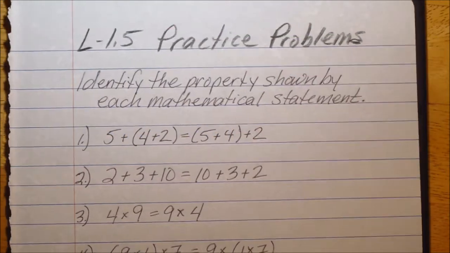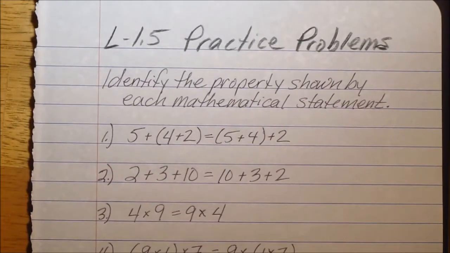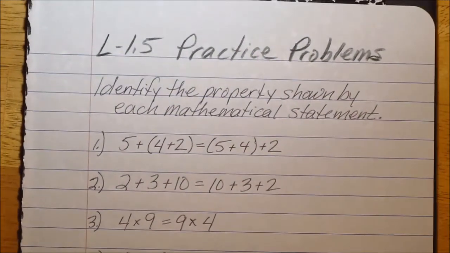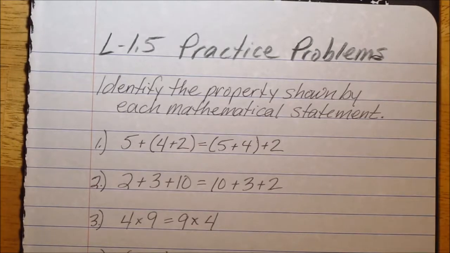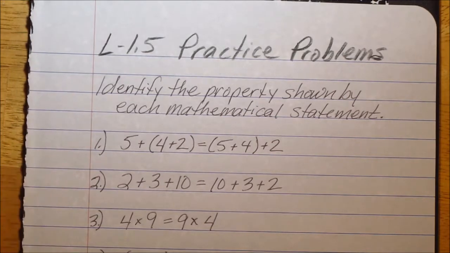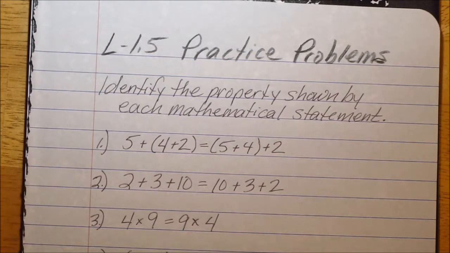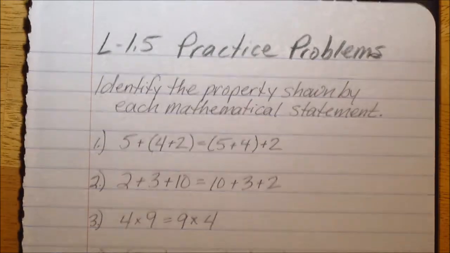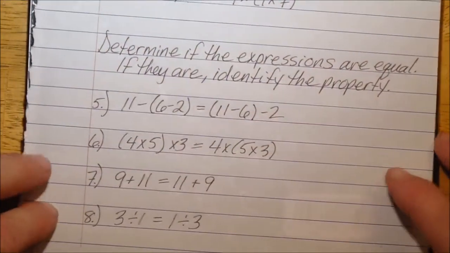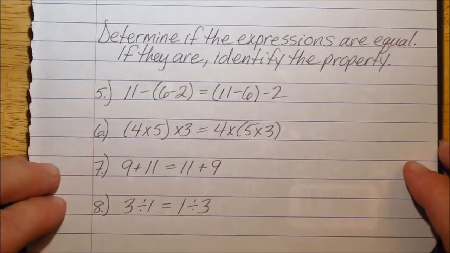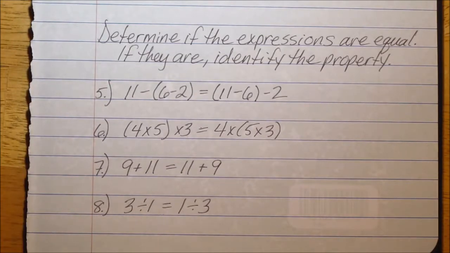Okay, practice problems for lesson 1.5. The first section here is going to be to identify the properties shown by each mathematical statement. All we're doing here is figuring out, is the commutative property being applied, or is the associative property being applied? And then down here on the second part, determine if the expressions are equal. If they are, identify the property.